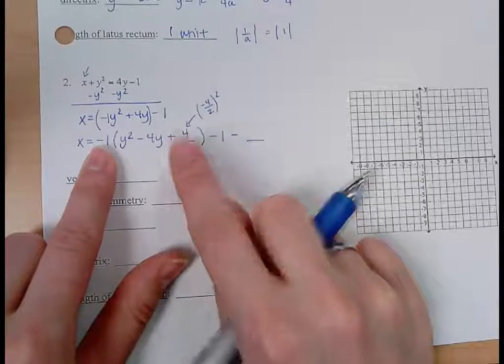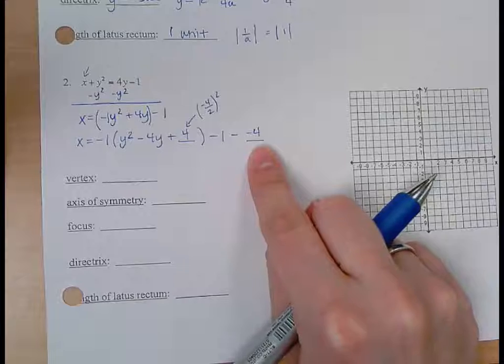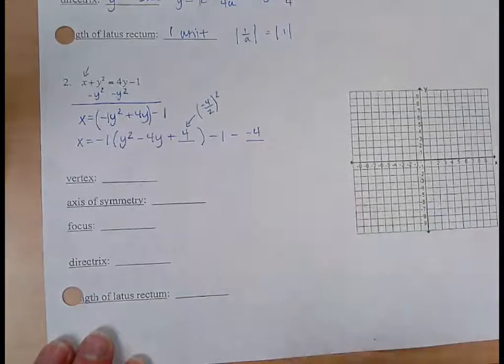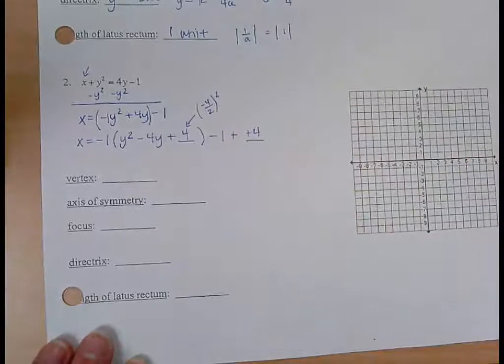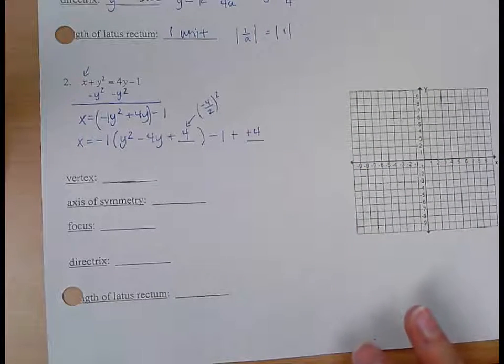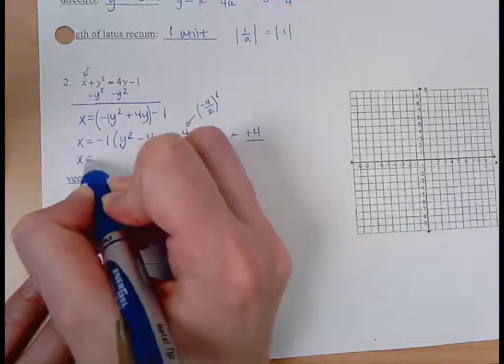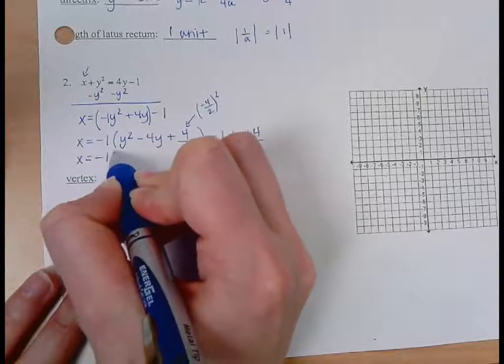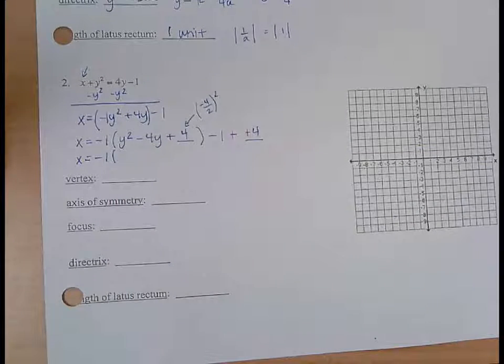So -4 and -4 is what goes in this blank then. So I am subtracting a -4, which really means I'm adding 4. So then I have x equals, I have a -1 in front, or just a negative. Y squared minus 4y plus 4.